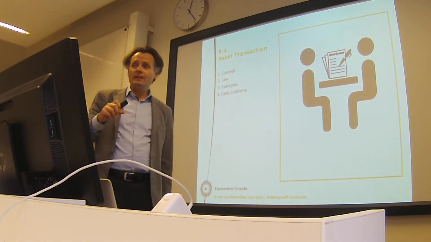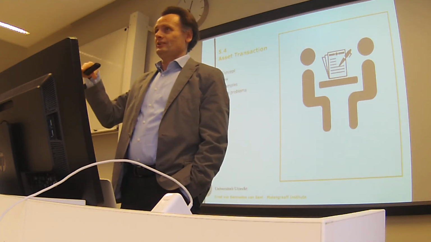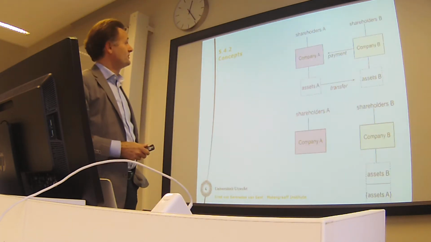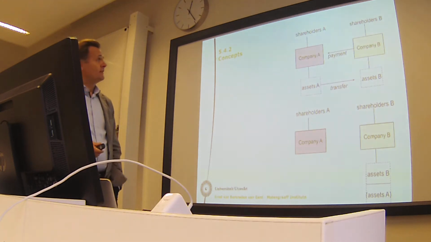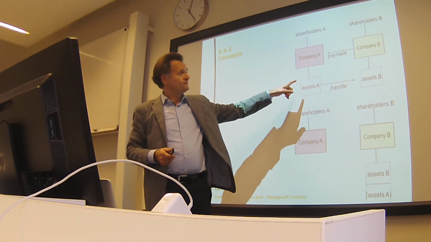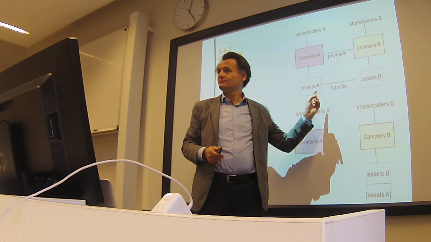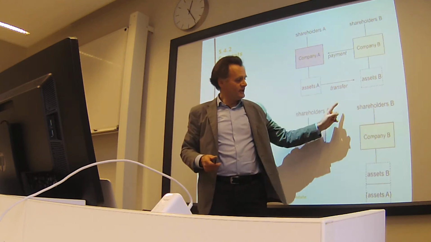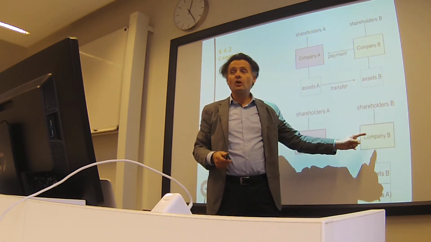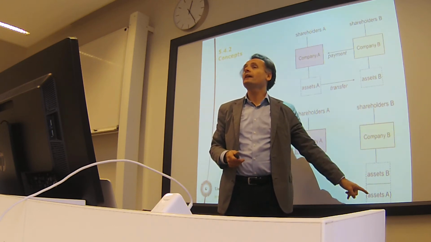Let's move to the second theme, the asset transaction. What is the asset transaction? Company A has certain assets and company B has an interest. Here you see the drawing where company B has its own assets and the other assets.